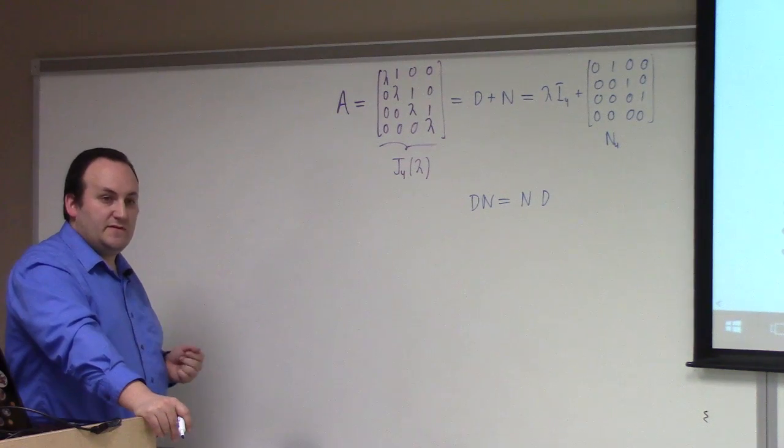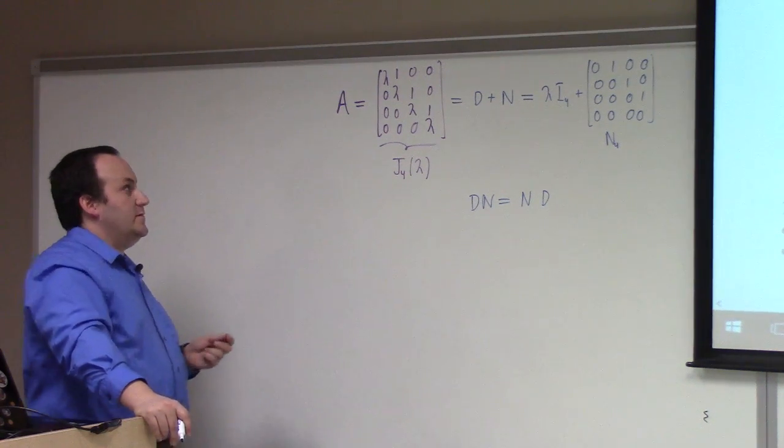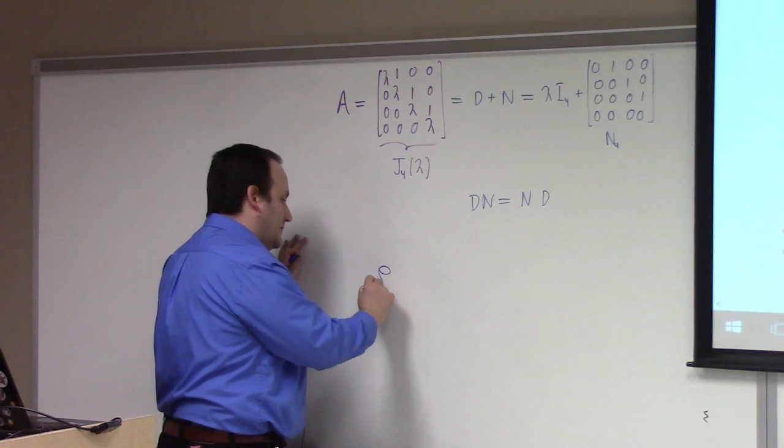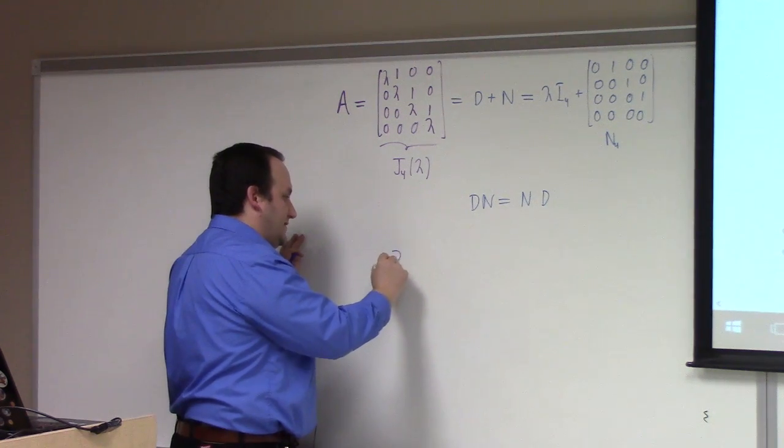But those matrices commute. And so if I look at e to the D plus N, what is that?